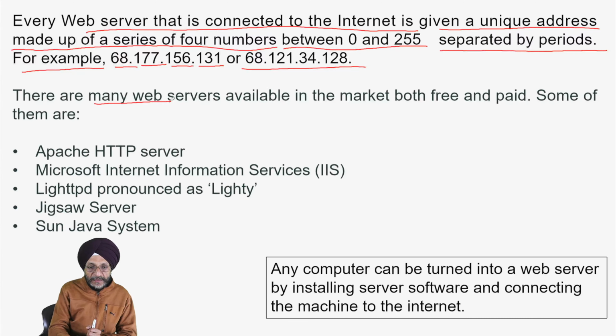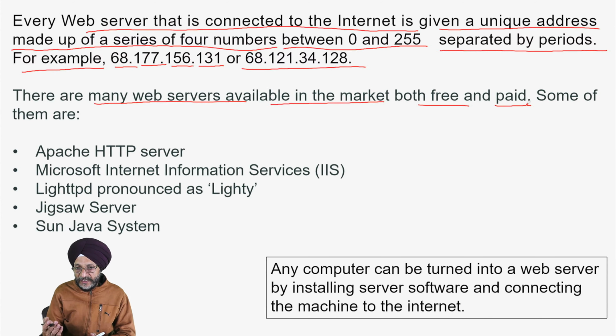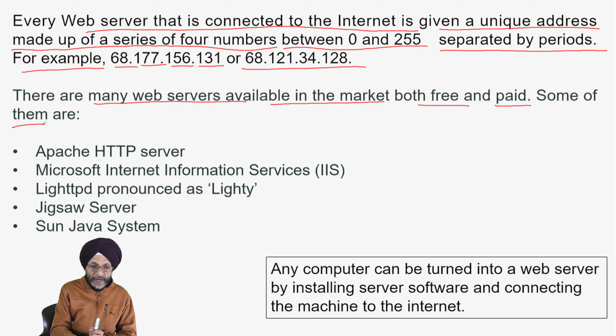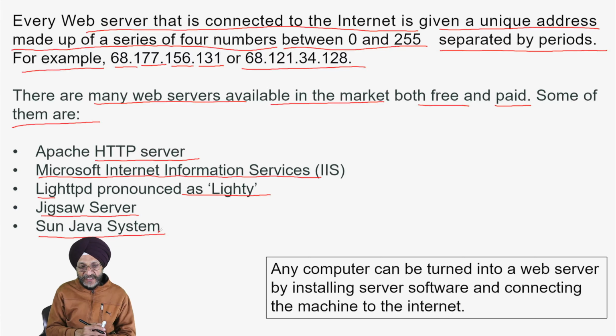There are many web servers available in the market. The web server may be free as well as some web servers may be paid. Some of them are Apache HTTP server, then Microsoft Internet Information Services, then Lighty, then Jigsaw server, and another is Sun Java system.